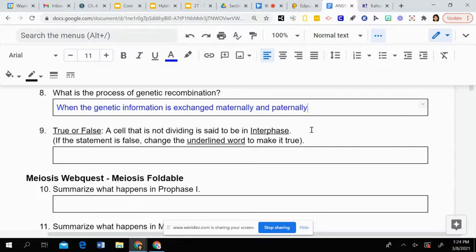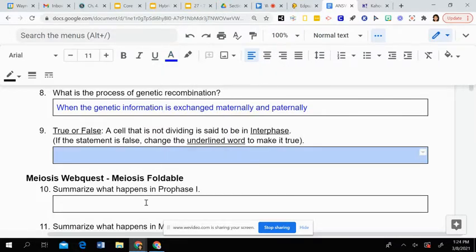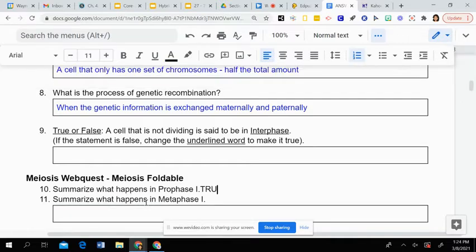Okay, so between the mother and the father. Then, true or false, a cell that is not dividing is said to be in interphase. Ansley, that is true.